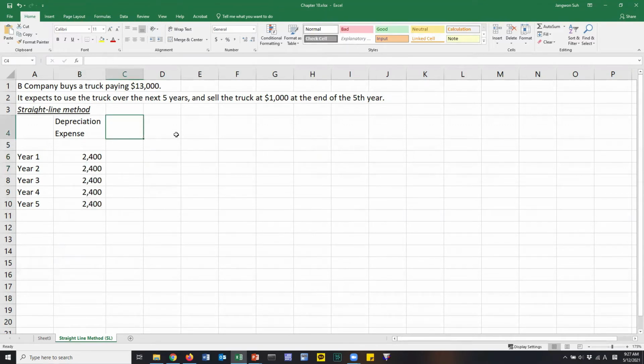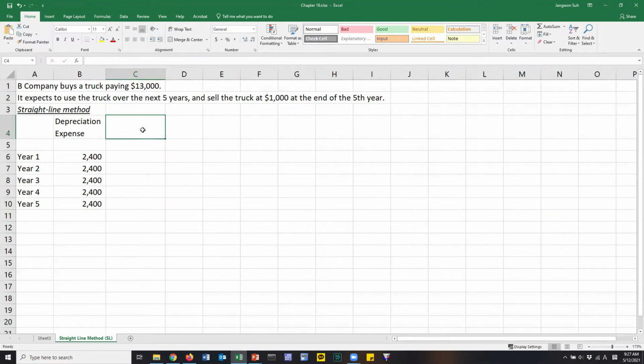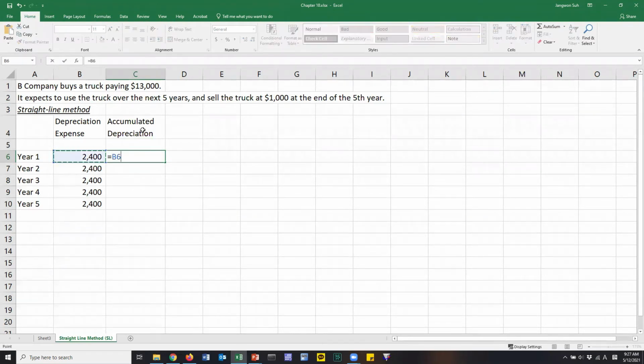In such a case, how much is going to be our accumulated depreciation at the end of the year? Our accumulated depreciation is the accumulation of the expenses. This is our current year's depreciation plus the beginning value. In year 1's case, the beginning value is nothing, so it is 0 plus 2,400.